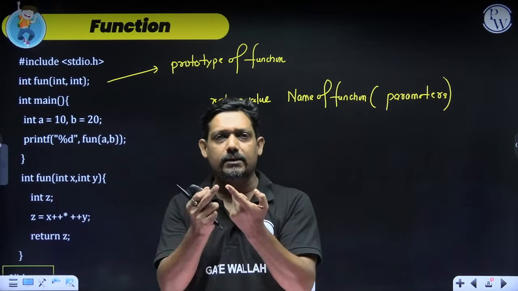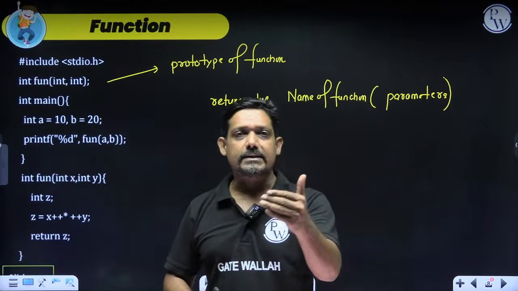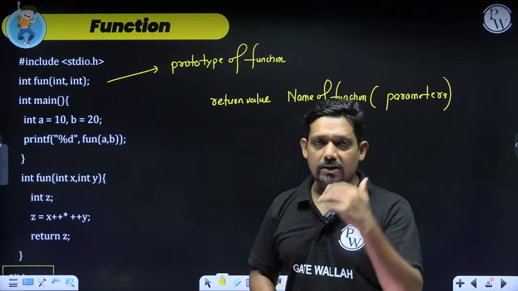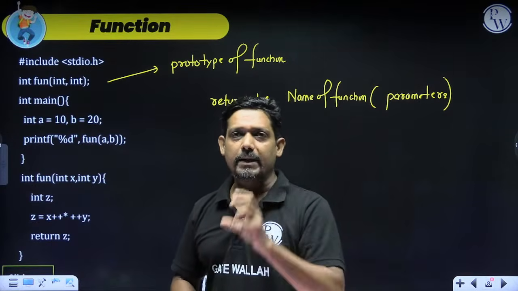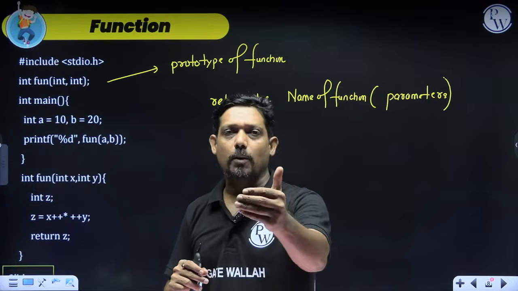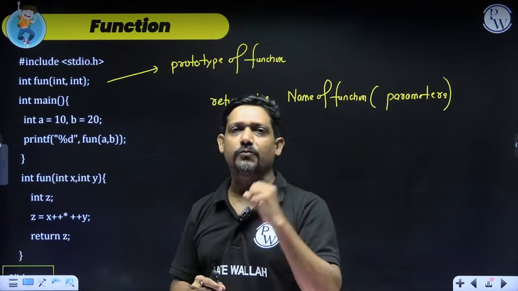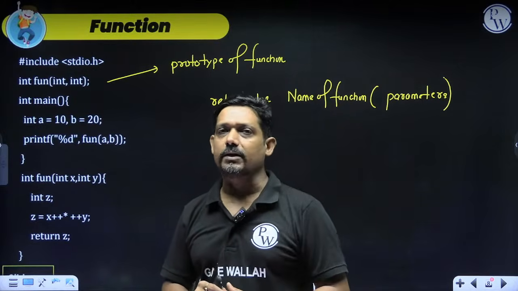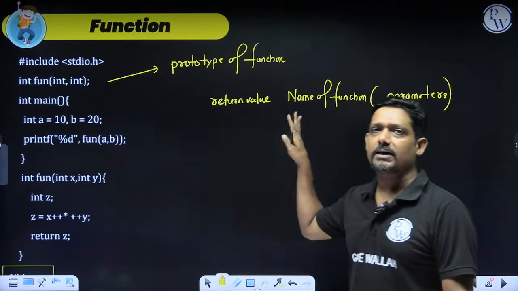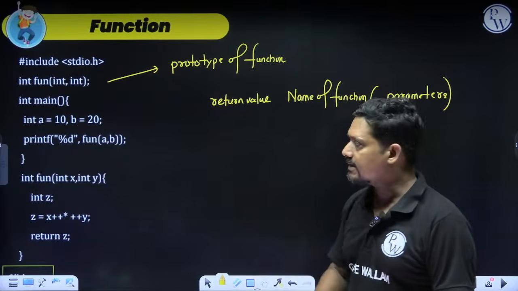So the entire scenario you can imagine as a function: somebody said this is the task you do, go bring the sugar, so the parameter will be the money. You will go to the shop, ask for the sugar, and you'll come back with the sugar. So you are the function and sugar is the return value. Similarly here, the return value is what comes out after completing the task; it is not mandatory that something always comes out.